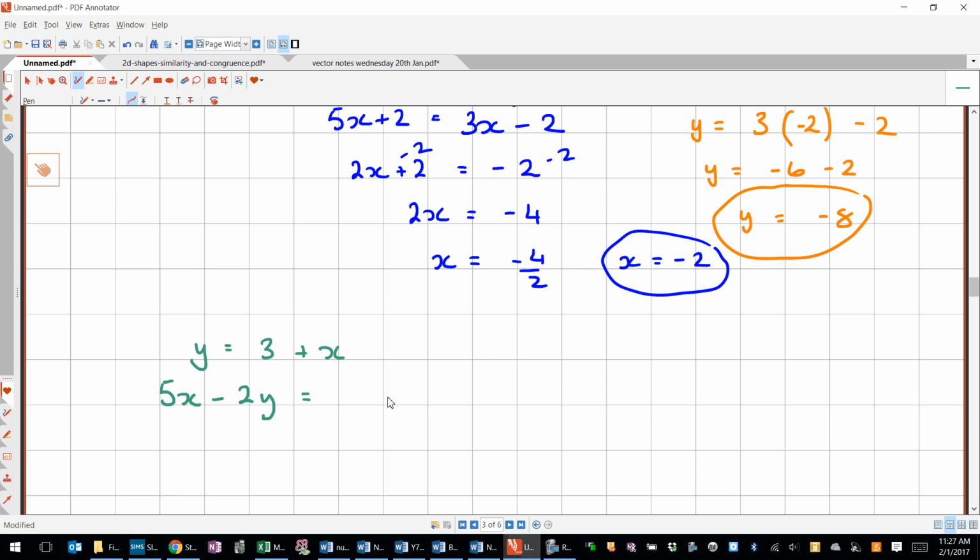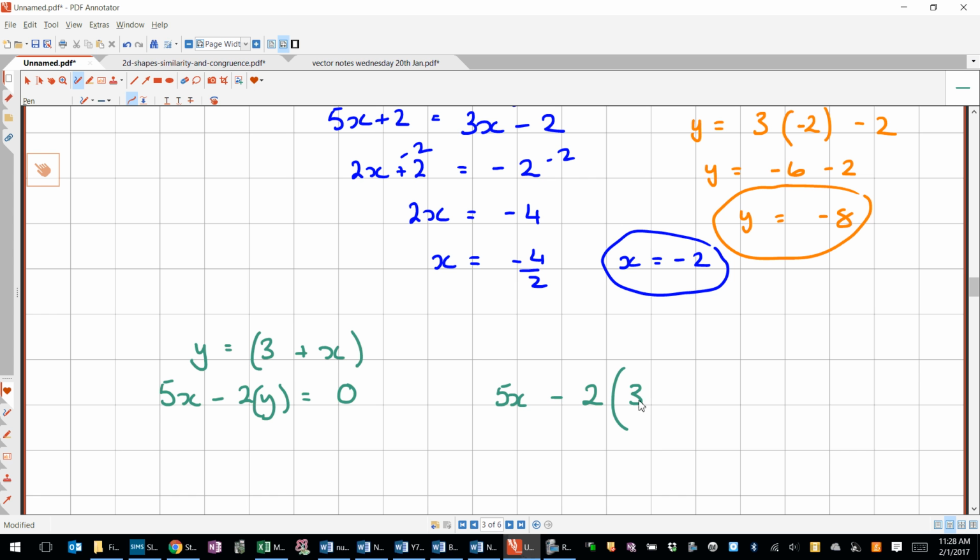So one of them is now not in the form y equals, so we can't just put one equal to the other. So this time, however, because we have y equals, that's the same as y, so I can put that where my y is. So I can then go 5x minus 2 times (3 plus x).